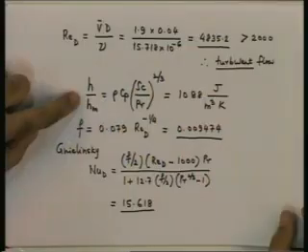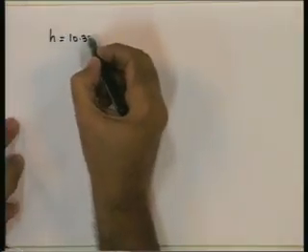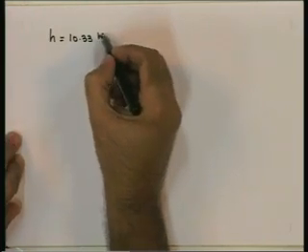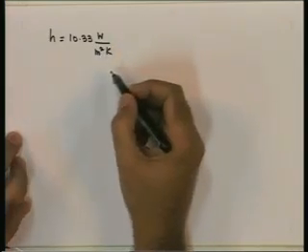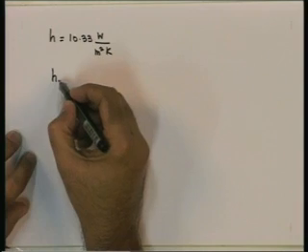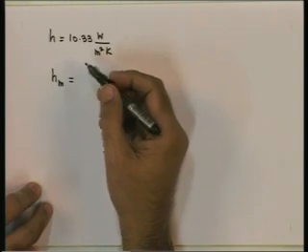The next step, use the Nusselt number to calculate the heat transfer coefficient, and then use the Colburn analogy, this relation, to calculate the mass transfer coefficient. From the Nusselt number, the heat transfer coefficient H turns out to be 10.33 watt per meter squared Kelvin, and from the analogy we have derived that H by Hm is 1088.